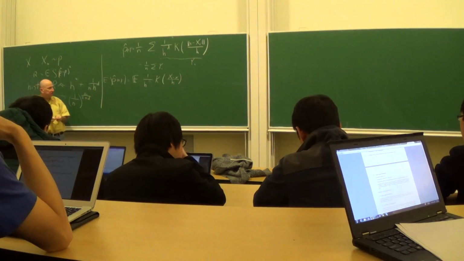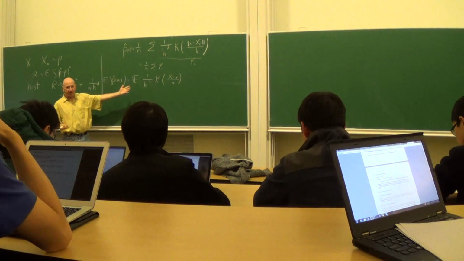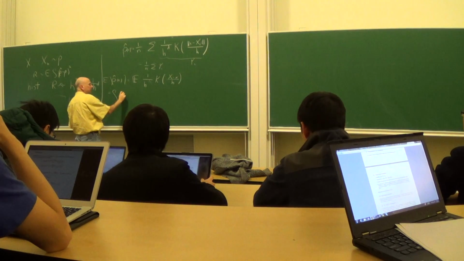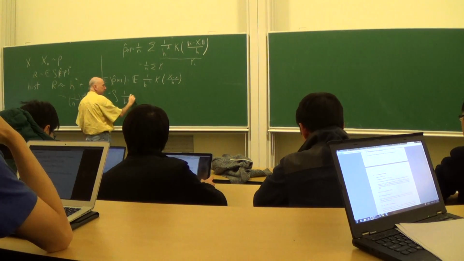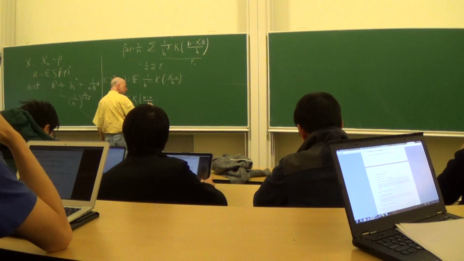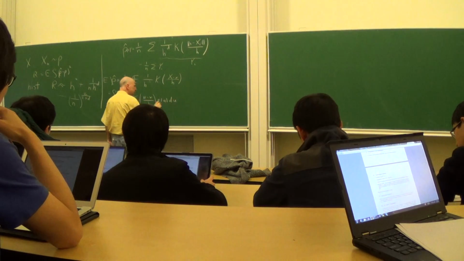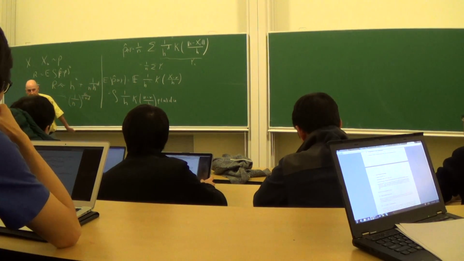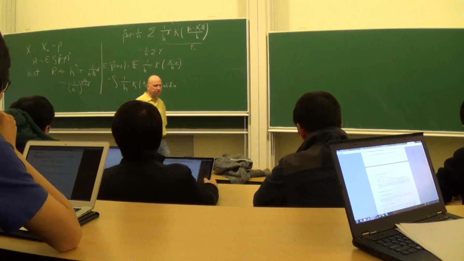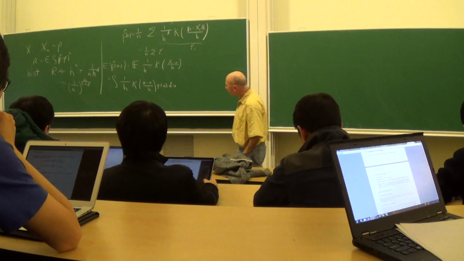To compute the expected value of this, I just integrate. This is random, so the expected value is the integral, and this is 1 over h. Now here's the trick we always use to do these things, which is a good trick to know: a change of variables.